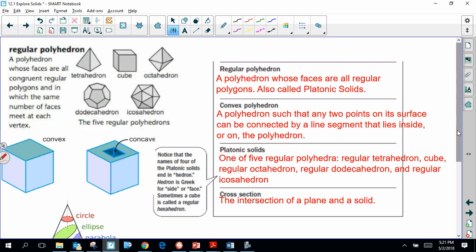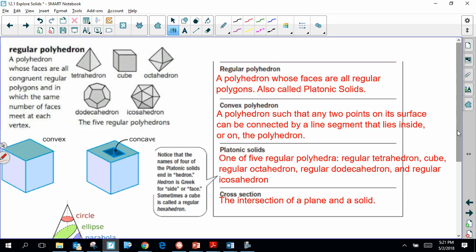It is possible to have polyhedrons that are also tetrahedrons or octahedrons or dodecahedrons, but they won't necessarily be made up of regular polygons. So only the ones that are made up of regular polygons are called Platonic solids.